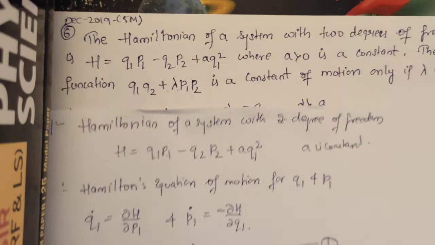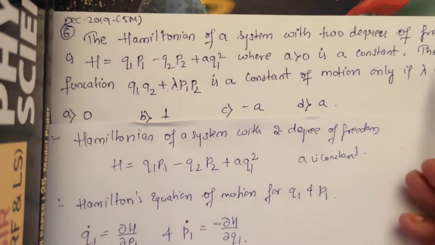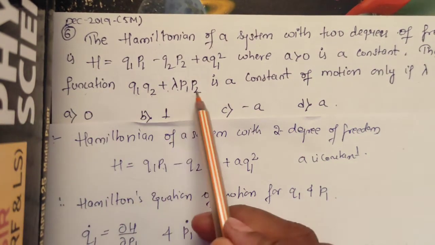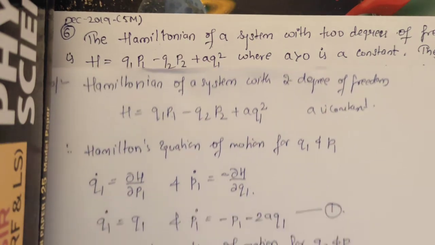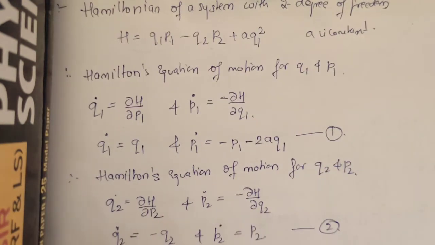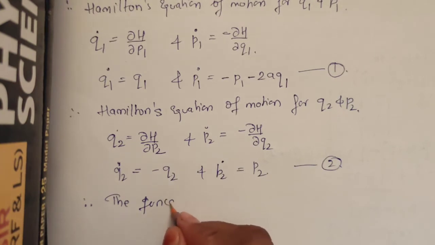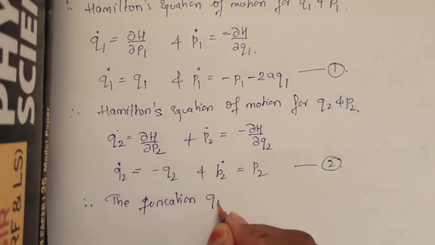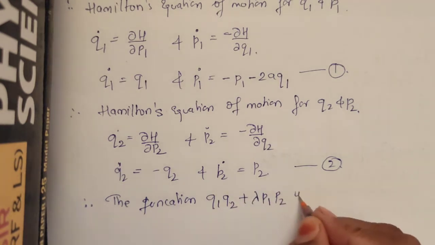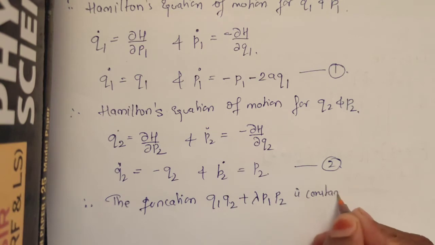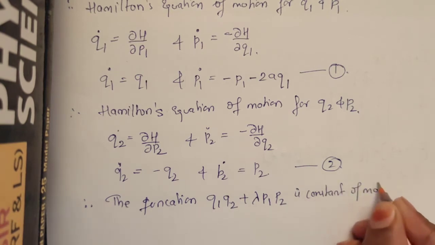Now from the question we have the function. So now differentiating the function and equating it to 0. Therefore, the function is given as Q1 Q2 plus lambda P1 P2 is a constant of motion.